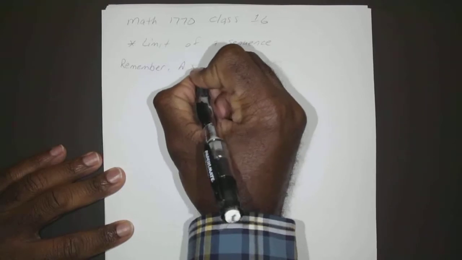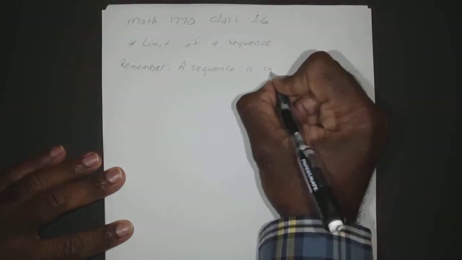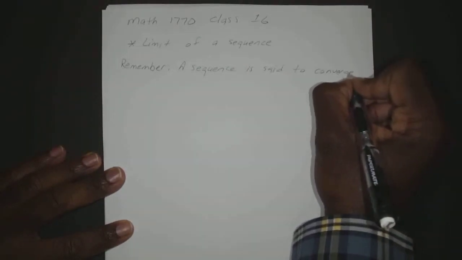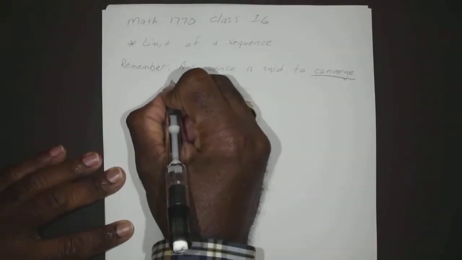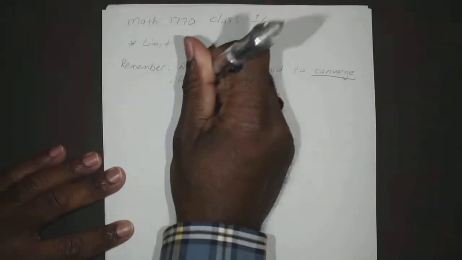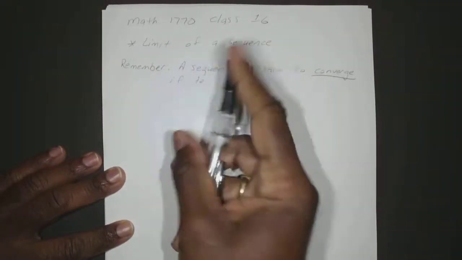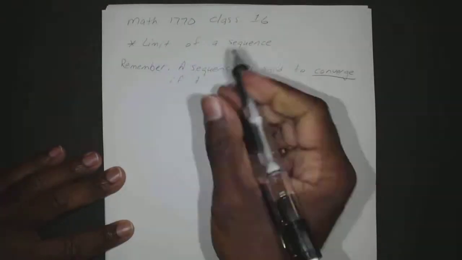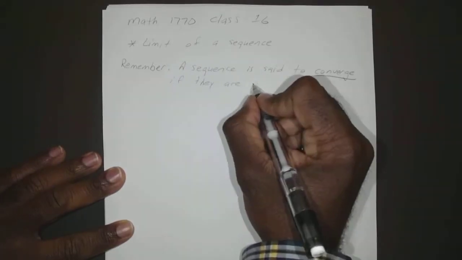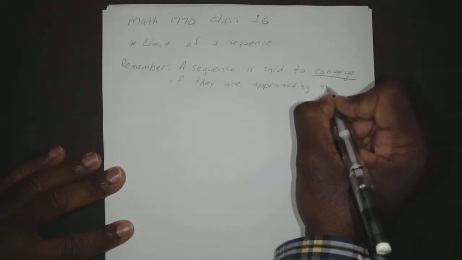A sequence is said to converge if, I guess you can say, since it's more than one term, they are approaching a limiting value.